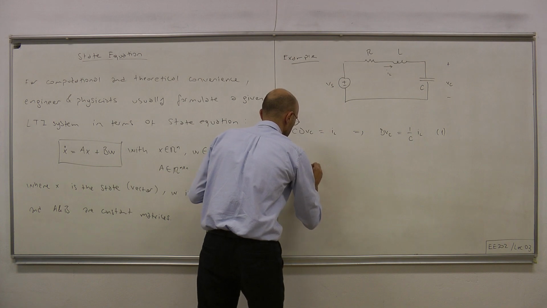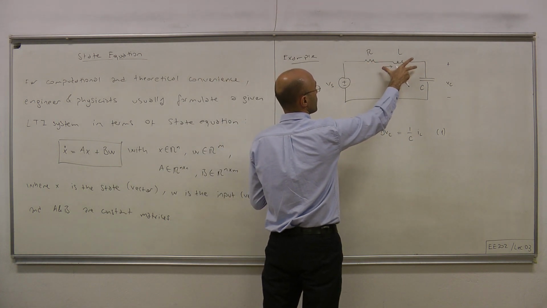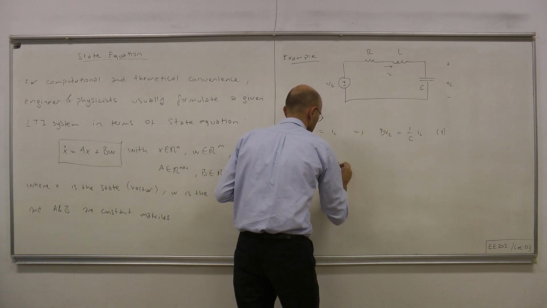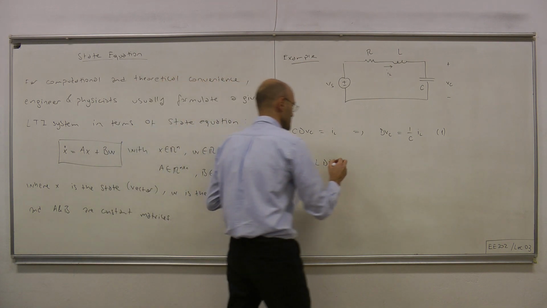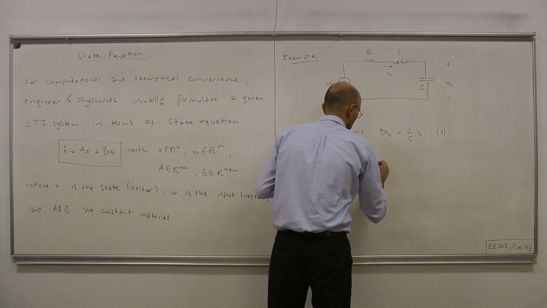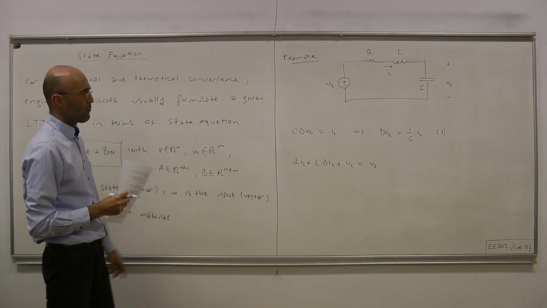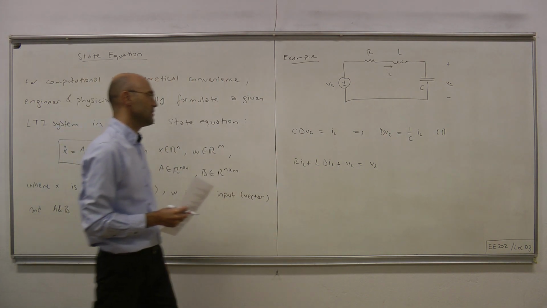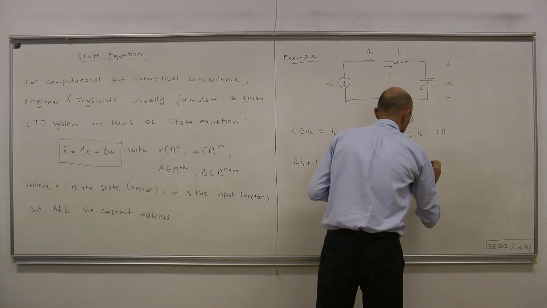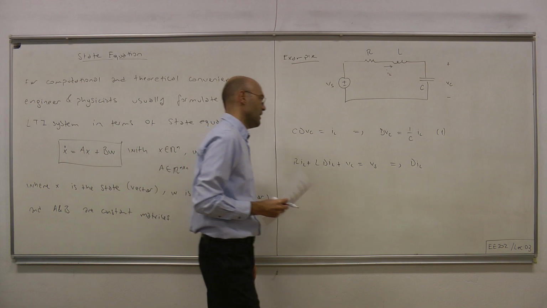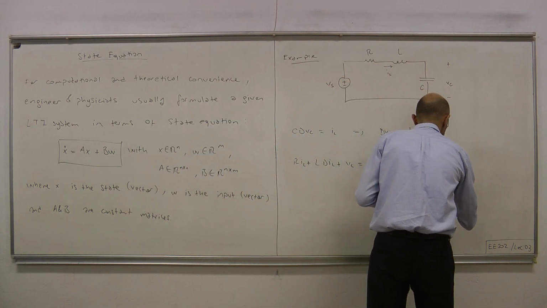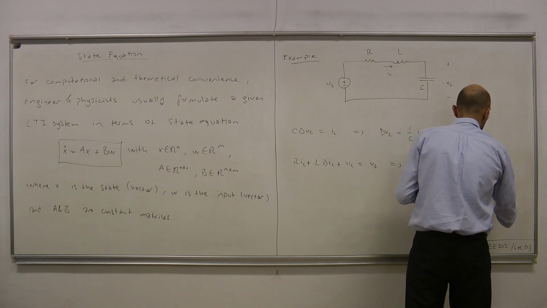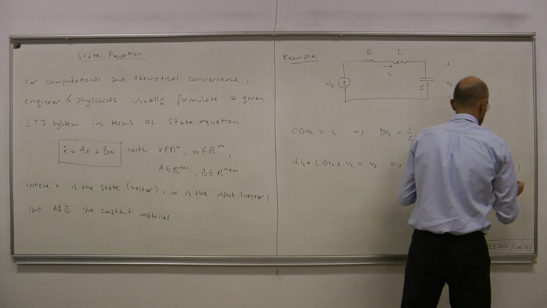R times IL, plus this voltage VL, which in terms of IL is L times IL dot, and finally plus the voltage of the capacitor, by KVL equals the voltage supplied by our input, Vs. From that equation, which we obtain using KVL plus the terminal equation for the inductor, let's obtain IL dot. IL dot equals minus 1/L VC minus R/L IL plus 1/L Vs. Let's call this equation 2.